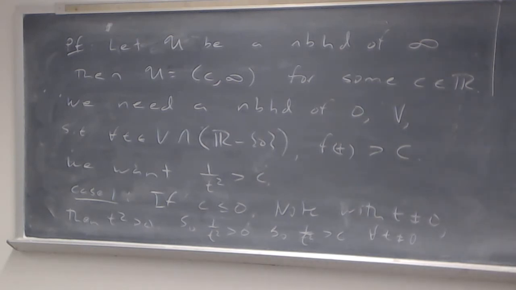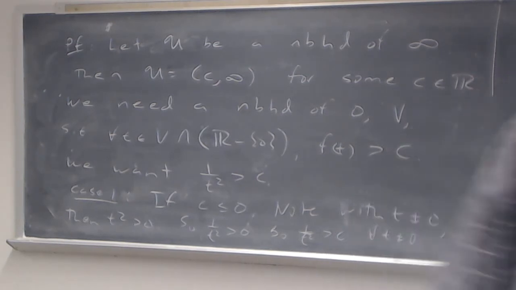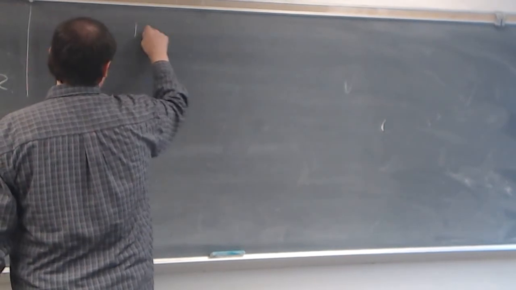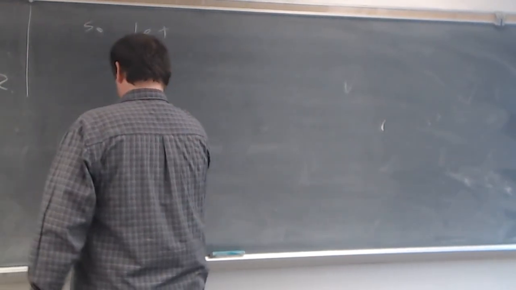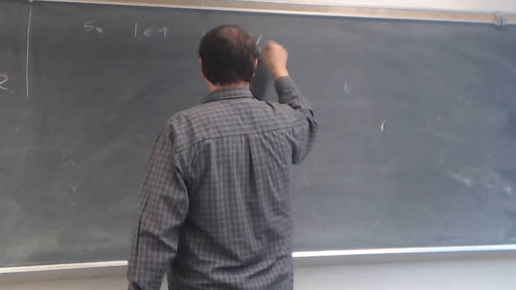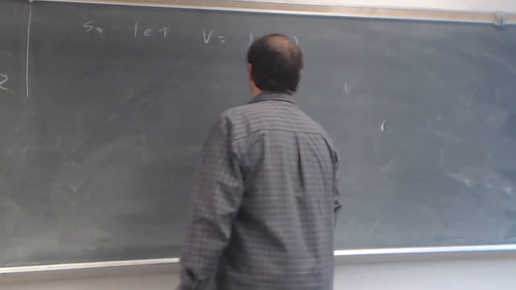So our V in this case, the neighborhood about 0, will take it works. Any neighborhood will work. But we'll let V be equal to the neighborhood of radius 1 centered at 0.